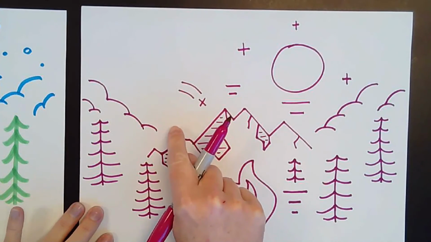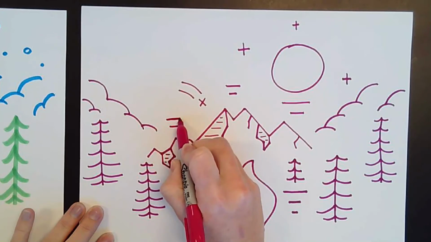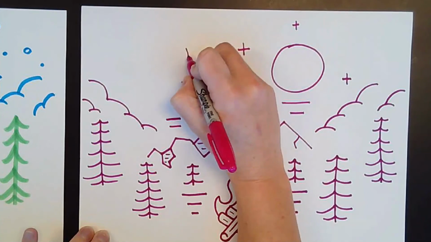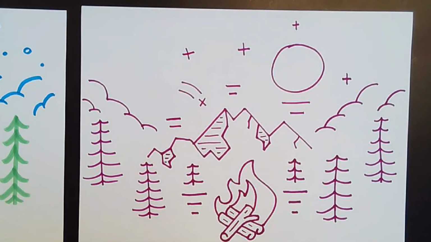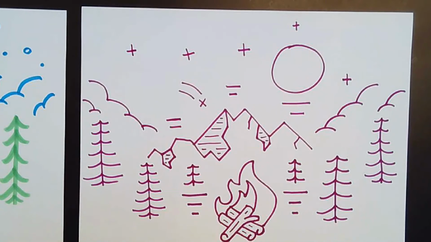And then down here below my shooting star, a couple more horizontal lines. Above my shooting star, plus sign. And then one more over here towards the left.